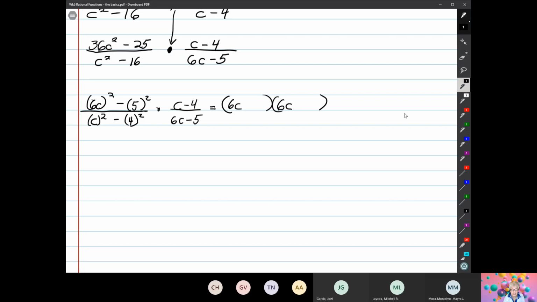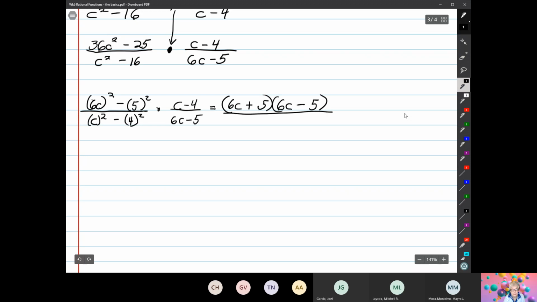I take the 5 and I write it here and here. And then in the first set of parentheses, I write a plus. In the second set of parentheses, I write a minus. And I'm done with that one.